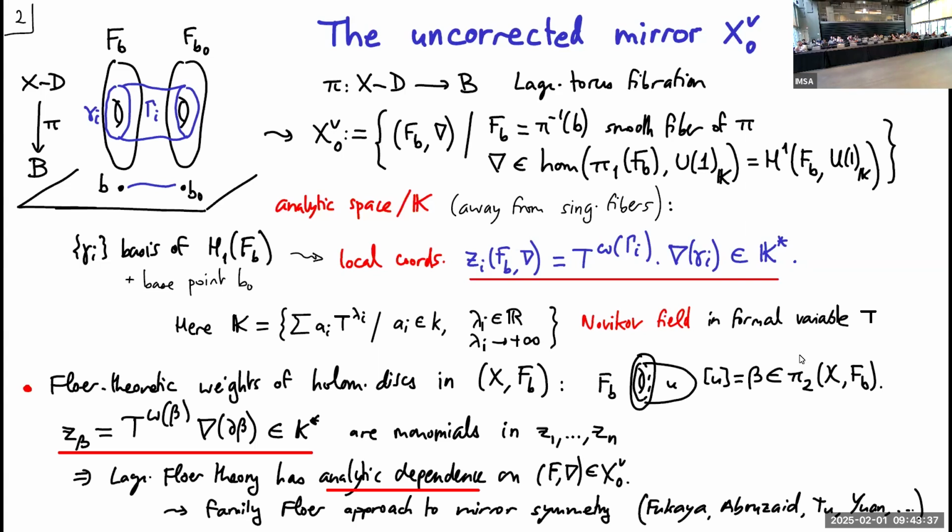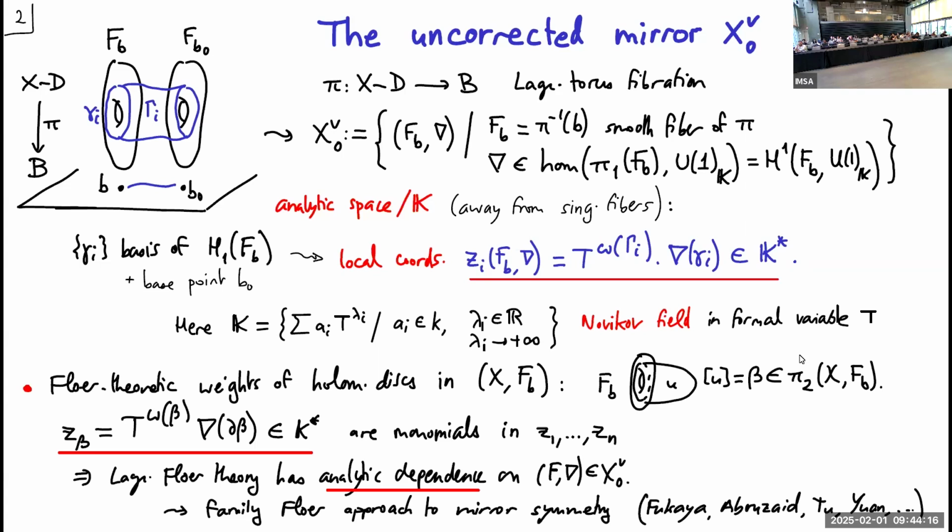Okay. So the reason this is good for Lagrangian theory is that these coefficients, these weights that are T to the symplectic area times the holonomy of the boundary loop, are exactly the accepted way to do weighted counts of holomorphic disks in Lagrangian Floer theory with Novikov coefficients and local systems. It's kind of a self-fulfilling prediction, maybe, but that's what we like to do for defining Fukaya categories and for doing homological mirror symmetry.